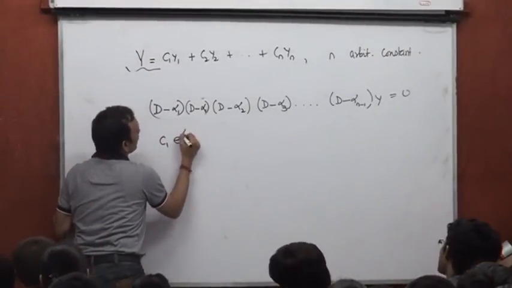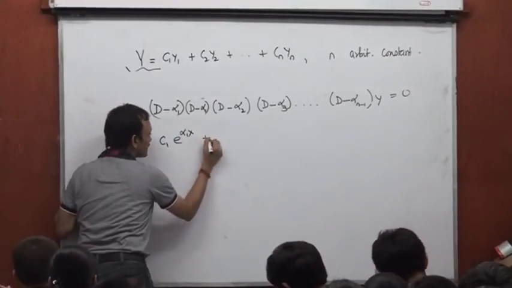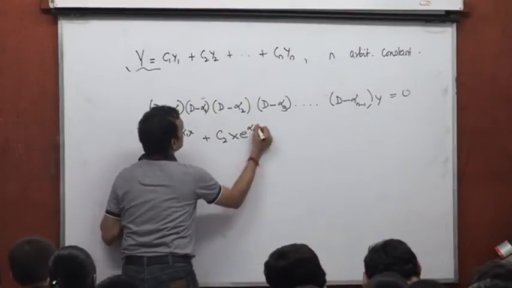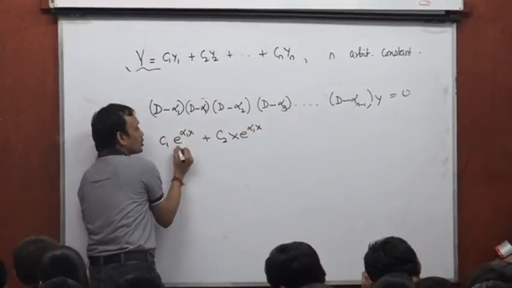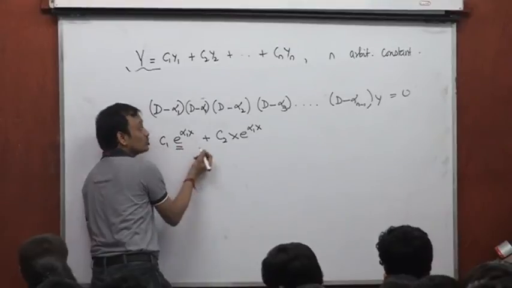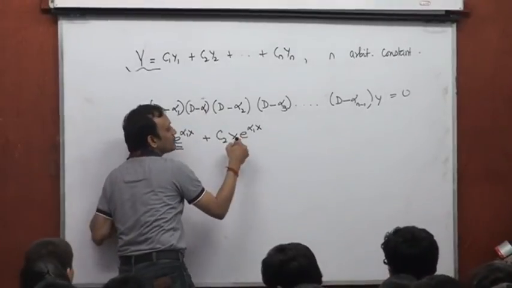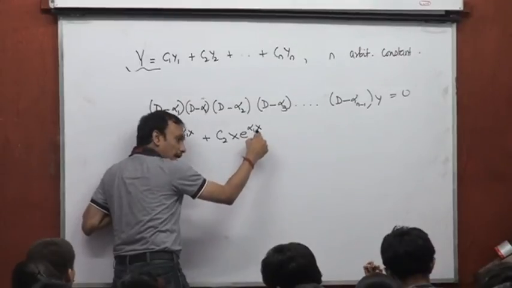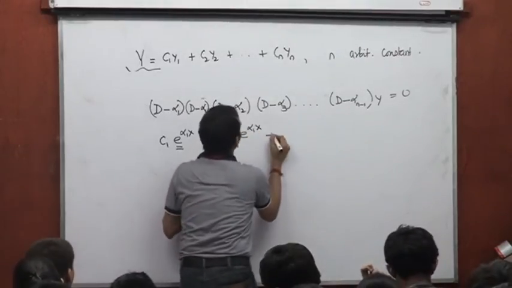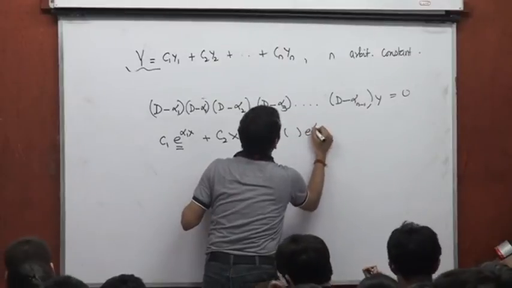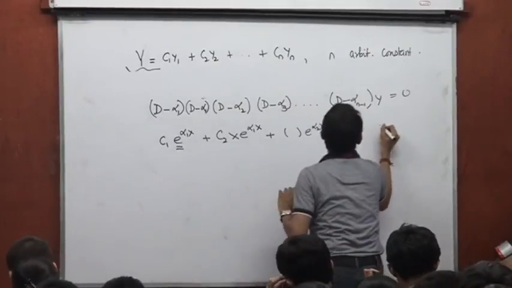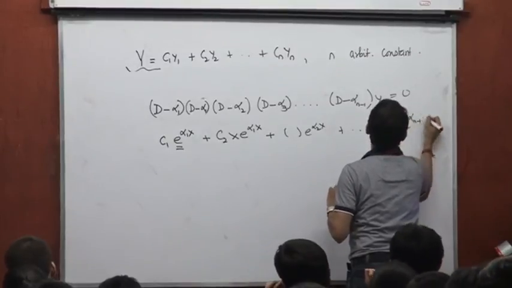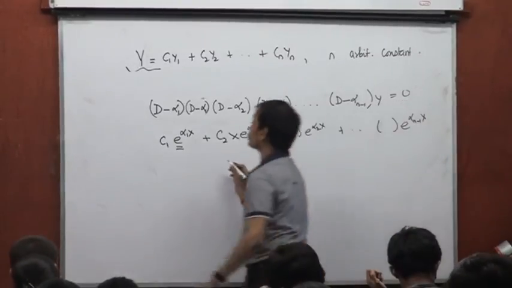would be c1 e^(alpha 1 x) plus c2 x e^(alpha 1 x). One of the factors would contribute e^(alpha 1 x) to the general solution. The other factor, which is the same, would contribute x e^(alpha 1 x). And then we have something into e^(alpha 2 x) plus something into e^(alpha (n minus 1) x).